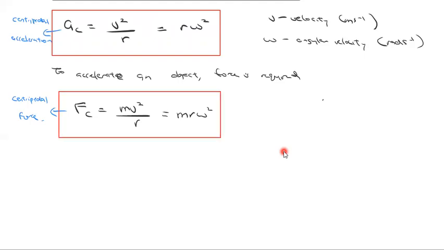Now, one thing that you really should be paying much attention to: F_c, the centripetal force, is the force that is required to provide the centripetal acceleration, to basically move in a circle. Now, very importantly, it's not a force itself.